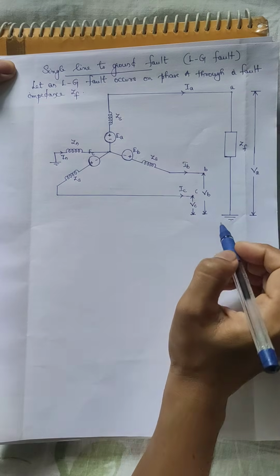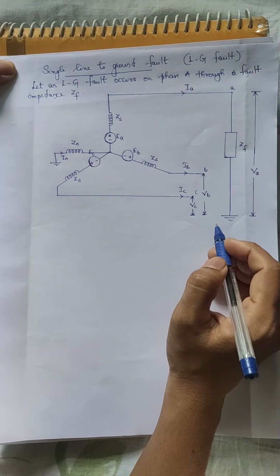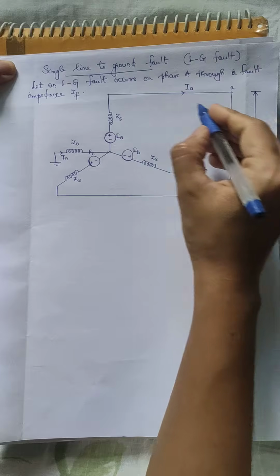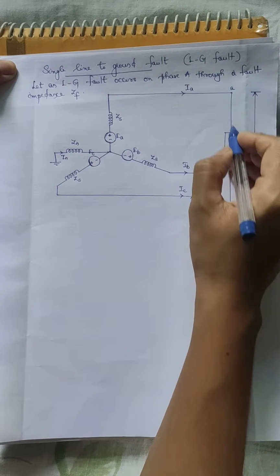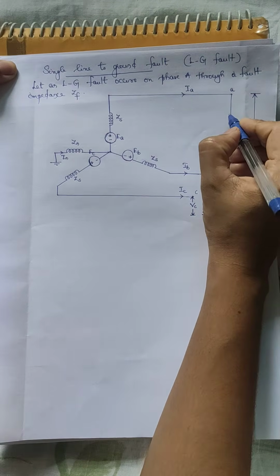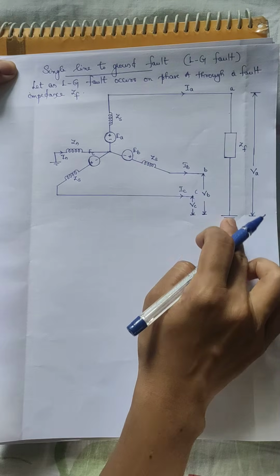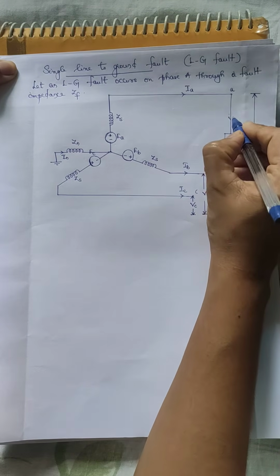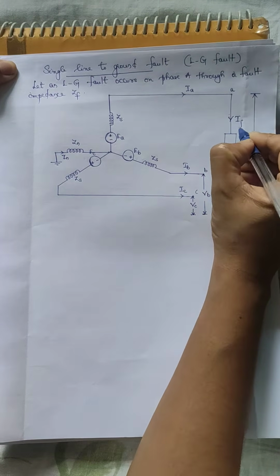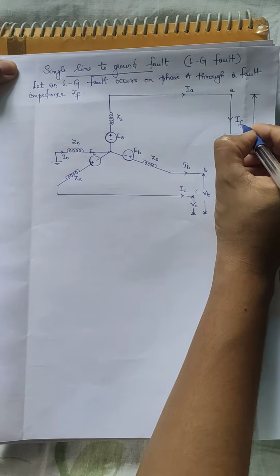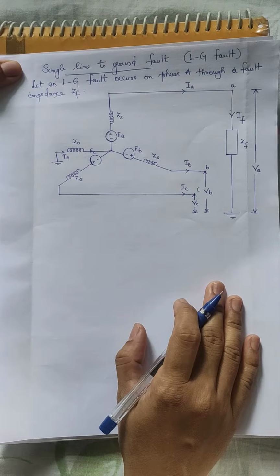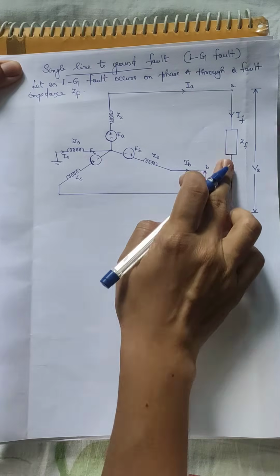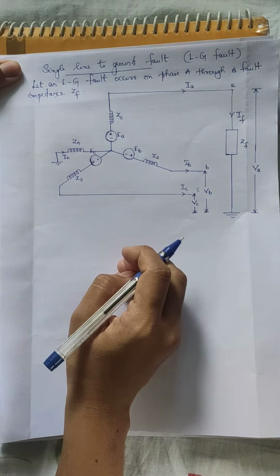So this is a short circuit fault, a single line to ground fault. When phase A is getting connected to the ground, a current will flow from phase A to the ground, and that is our fault current If. So there will be a fault current flowing through phase A towards the ground.